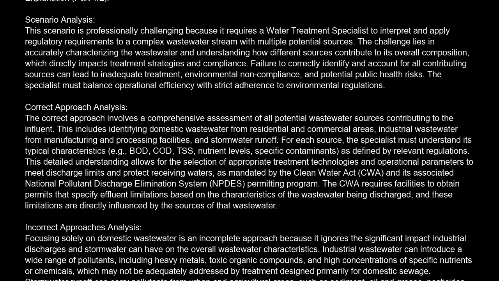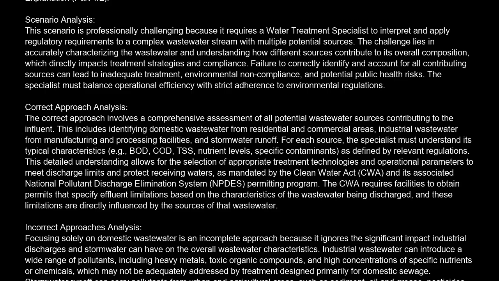Incorrect approaches analysis. Focusing solely on domestic wastewater is an incomplete approach because it ignores the significant impact industrial discharges and stormwater can have on the overall wastewater characteristics. Industrial wastewater can introduce a wide range of pollutants, including heavy metals, toxic organic compounds, and high concentrations of specific nutrients or chemicals, which may not be adequately addressed by treatment designed primarily for domestic sewage.